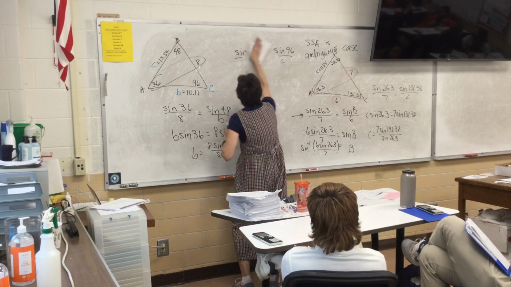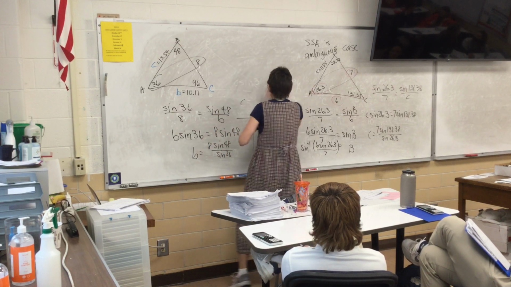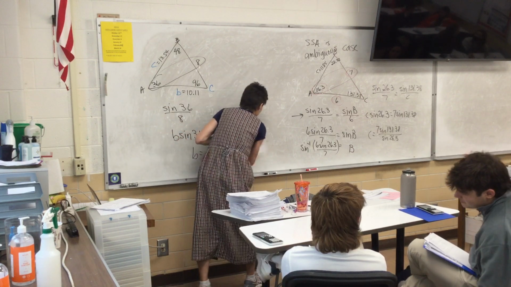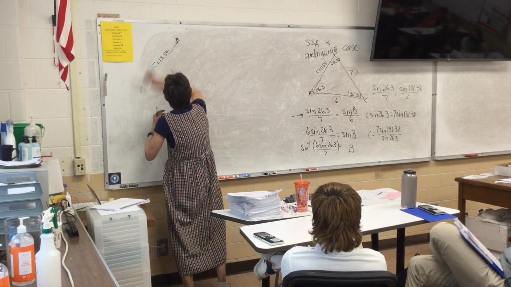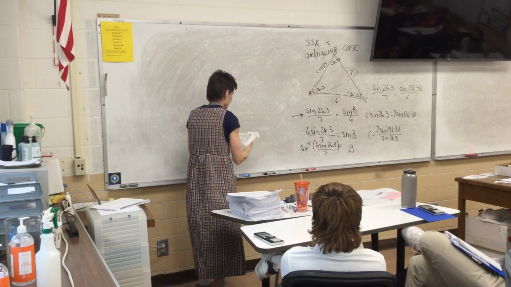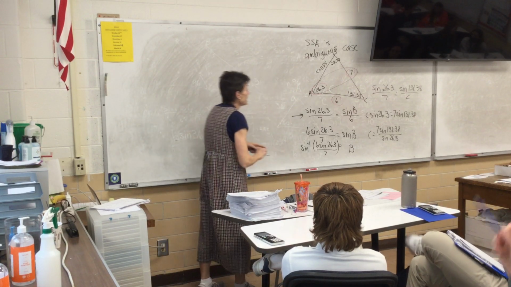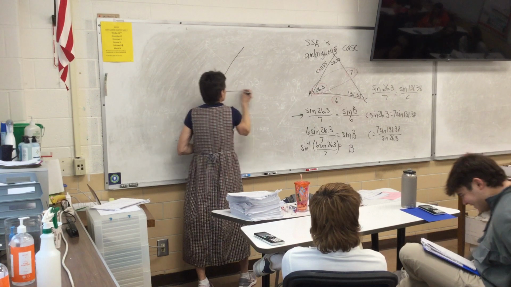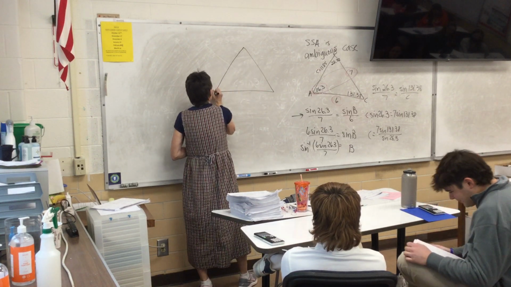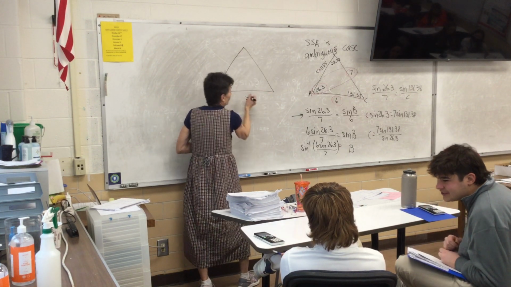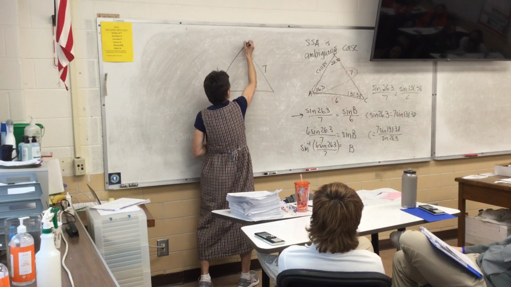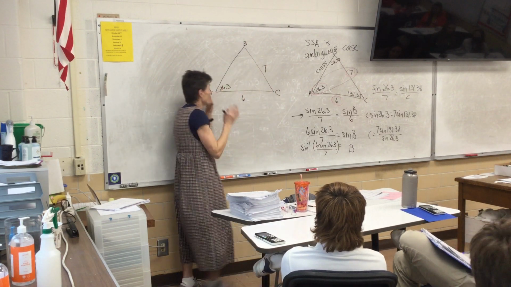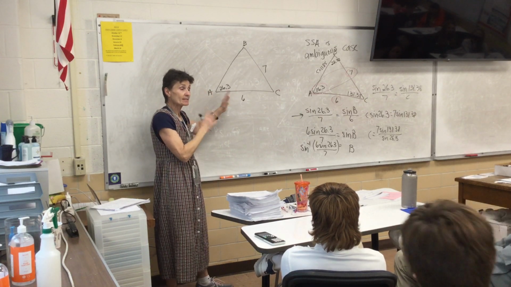Oh yeah, we might have to do the whole problem over again if there's a second triangle. So let me show you how that works. If there is a second triangle, the given information will be the same. That's not changing.